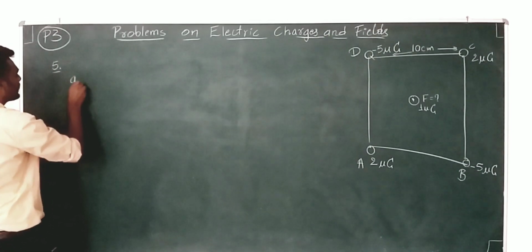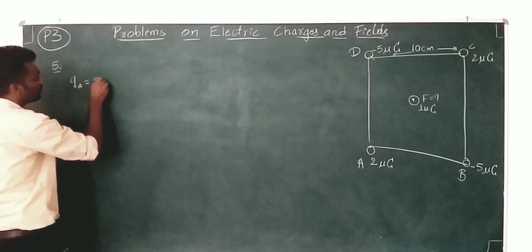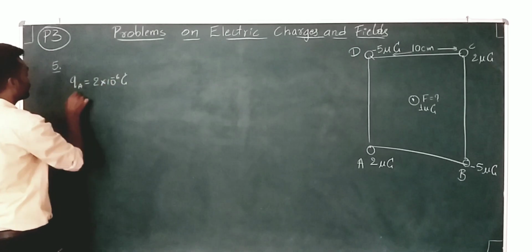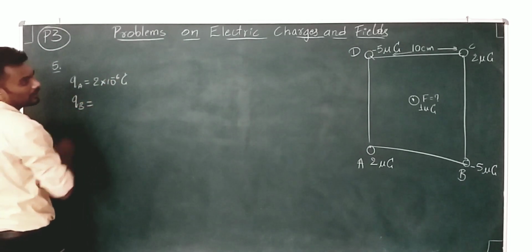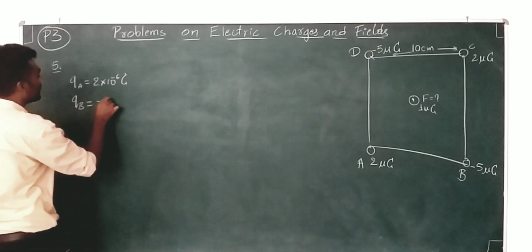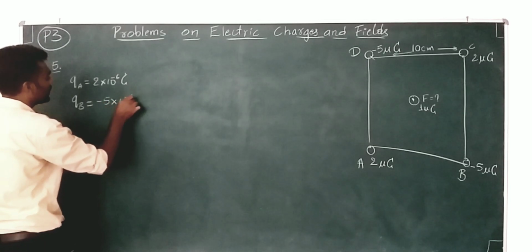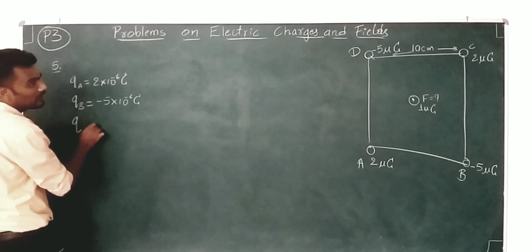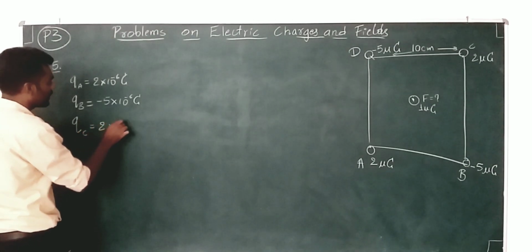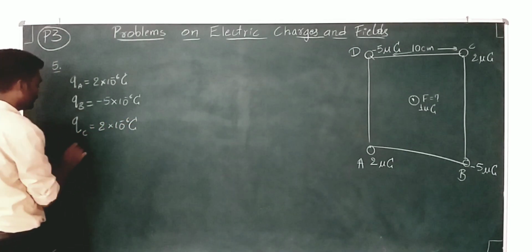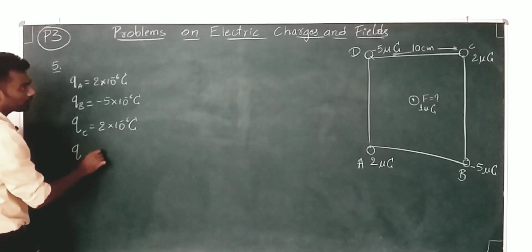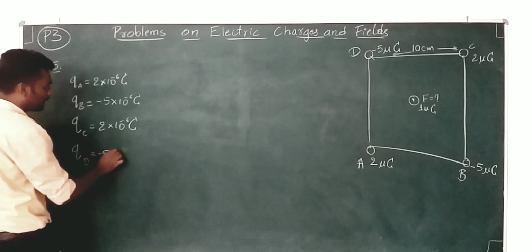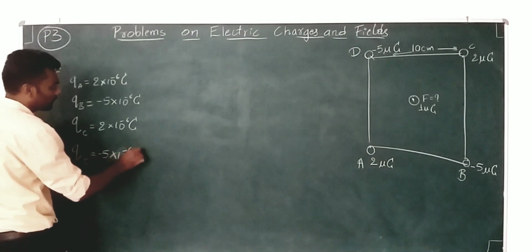According to the given data, QA is 2 into 10 to the power of minus 6 coulomb, QB is minus 5 into 10 to the power of minus 6 coulomb, QC is equal to 2 into 10 to the power of minus 6 coulomb again, and QD is minus 5 into 10 to the power of minus 6 coulomb.